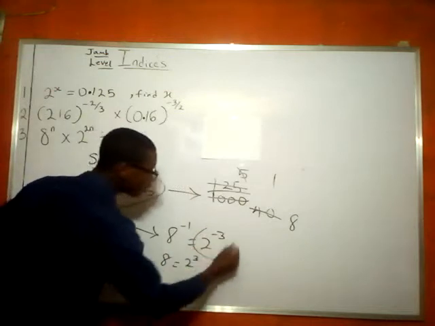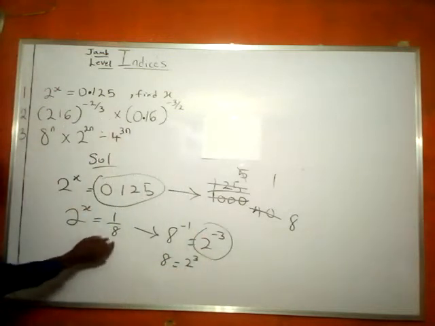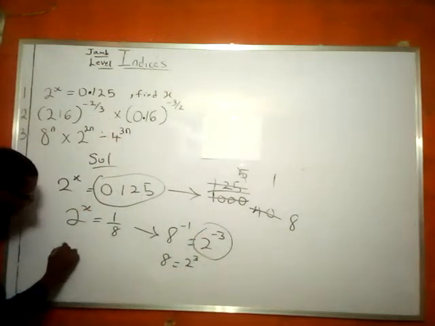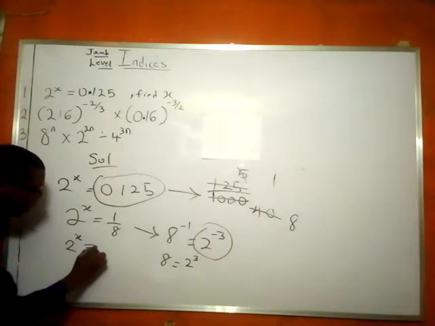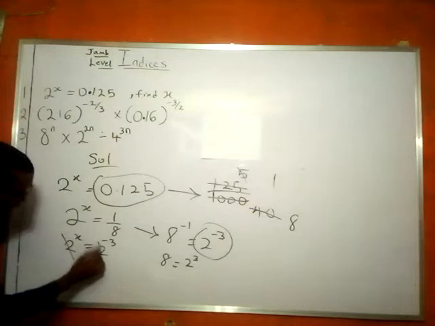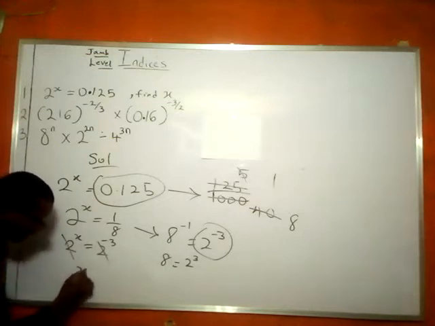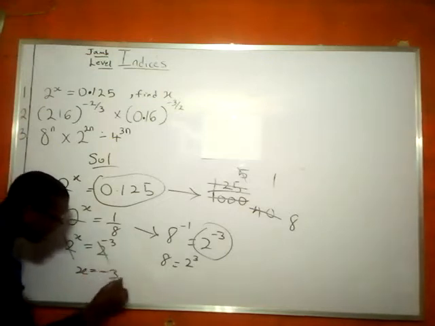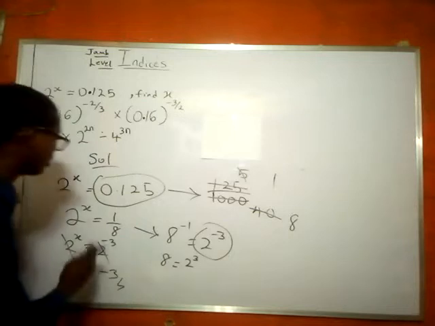So let's substitute 2 raised to power minus 3 for 1 over 8. That will give us 2 raised to power x is equal to 2 raised to power minus 3. Cancel 2, cancel 2. We have x is equal to minus 3. And that's our final answer for this question.